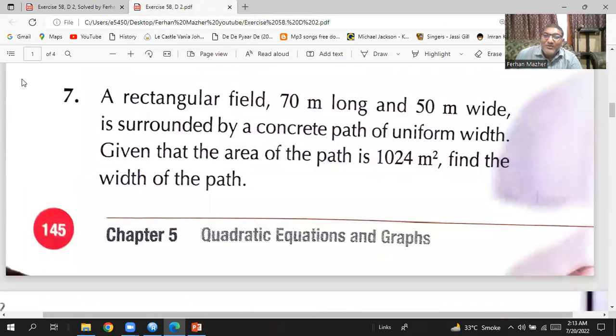You have all the time you want. Okay, question number 7: a rectangular field 70 meter long and 50 meter wide is surrounded by a concrete path of uniform width. Given that the area of the path is 1024 meters square, find the width of the path.